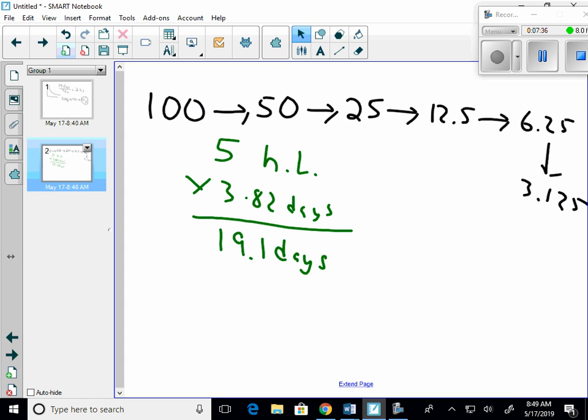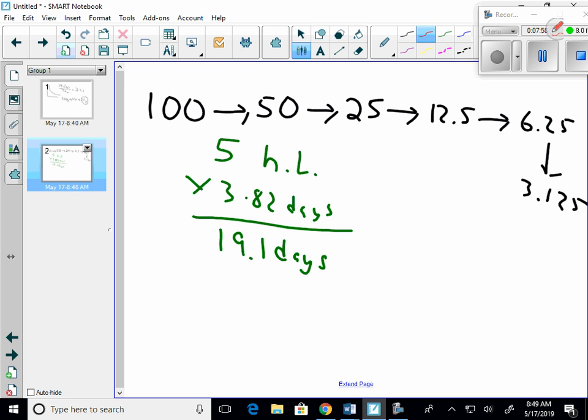Because remember, if I start with 100 grams of something, the unstable thing only has 3.125 grams left. But mass is still conserved, which means that subtracting these two will tell you how much of that daughter product and the remaining particles, I suppose, that are emitted would equal.